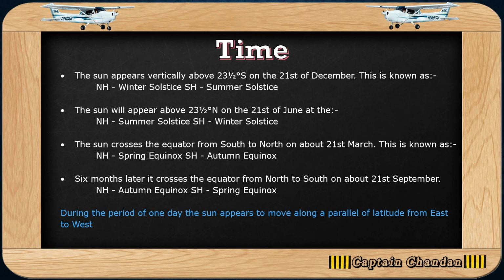This is known as spring equinox for the northern hemisphere and autumn equinox for the southern hemisphere. Six months later, it crosses the equator from north to south on about 21st of September. In the northern hemisphere we call it autumn equinox, and for the southern hemisphere spring equinox.